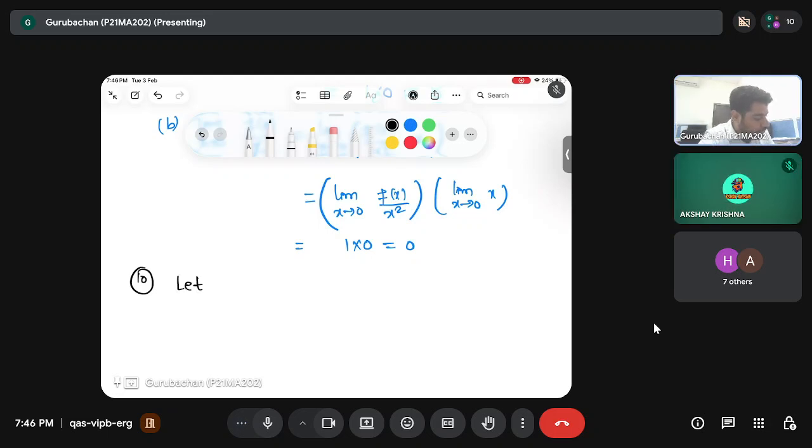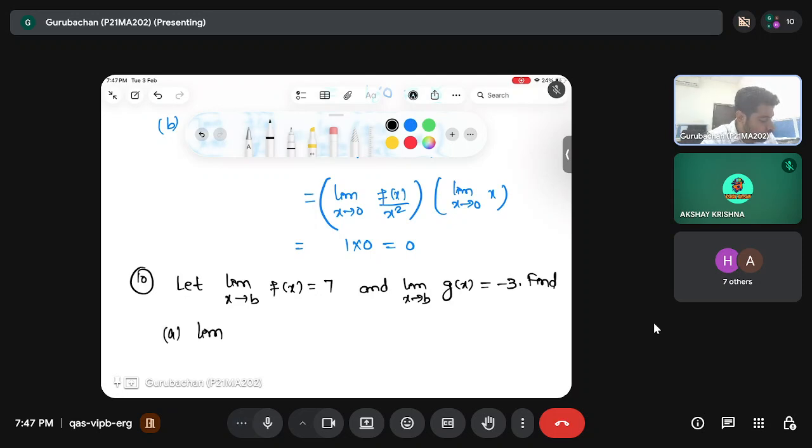So let limit x tends to b of f(x) be 7, and limit x tends to b of g(x) be -3. Therefore, find limit x tends to b of f(x) minus g(x).